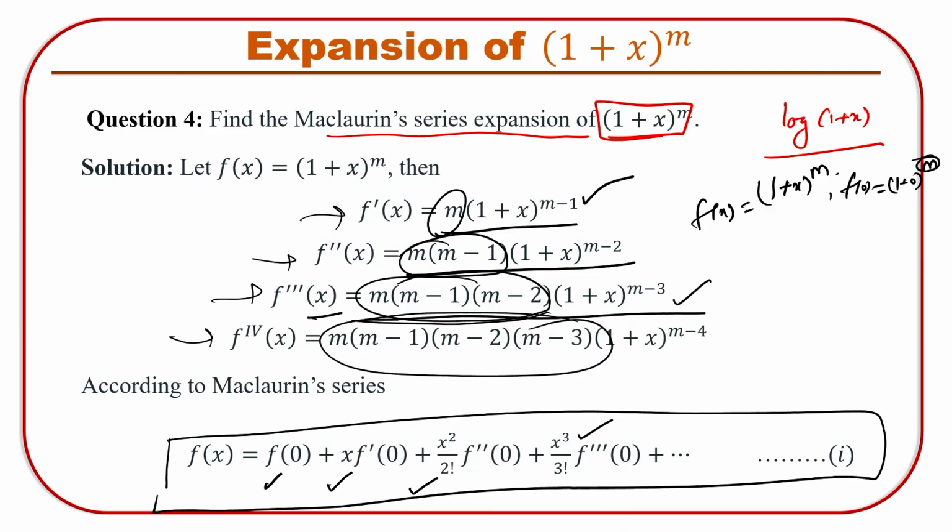So, that is why putting x equal to 0 will make 1 plus x to the power anything, m minus 1, which is positive. So, 1 plus 0 to the power positive something, this will be 1. So, we are looking for only the constant terms or constant coefficients of each term for the derivative of 1 plus x to the power m. That's the idea.